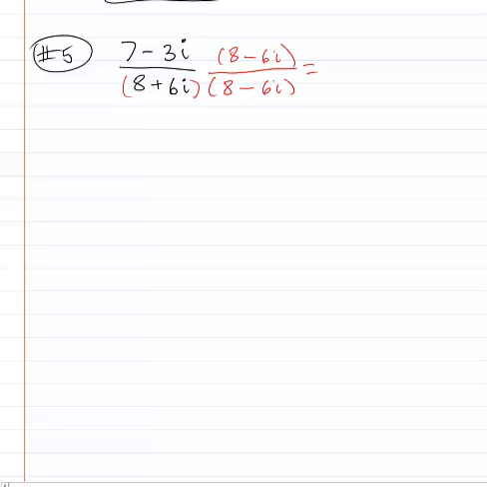Okay, now let's go ahead and carefully distribute everything. We're gonna distribute 7. So we got 7 times 8, which is 56. Then you get minus 42i.